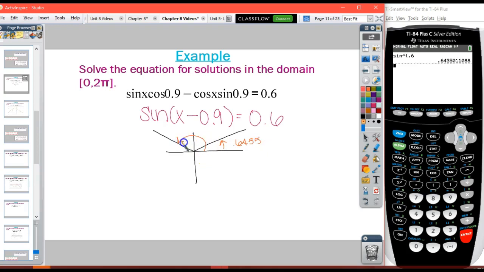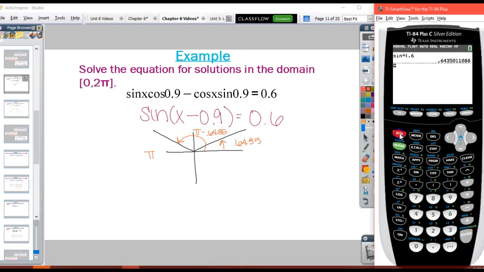To find the second angle, we can see that it puts us in the second quadrant, and so we know that this answer will also be 0.6435, so we'll take pi minus that to get the second unique solution. Make sure you use the pi button and the entire answer that's in your calculator. And so my other angle will be this 2.498.